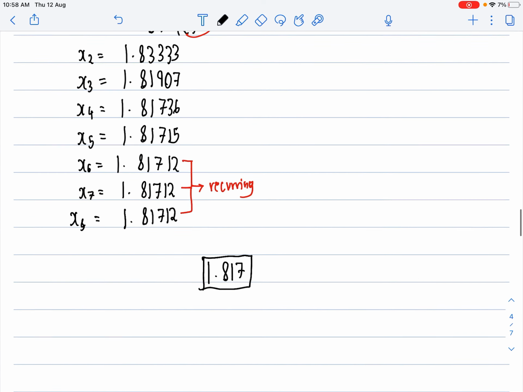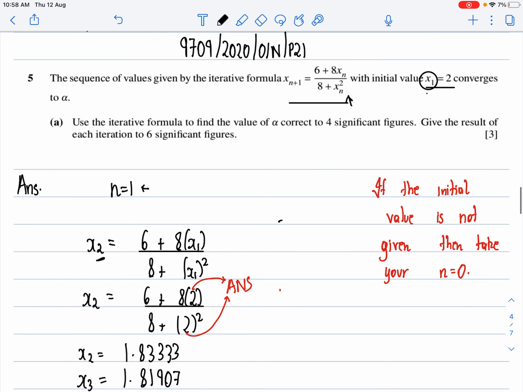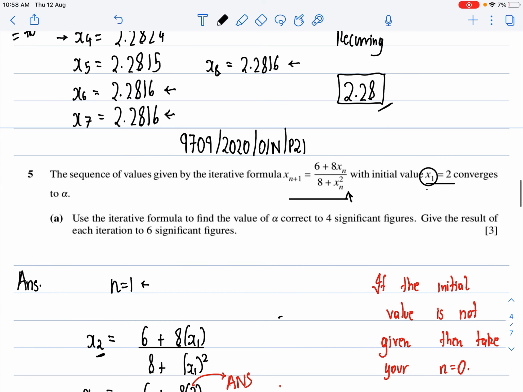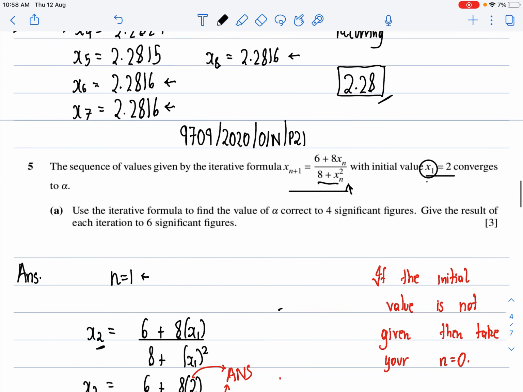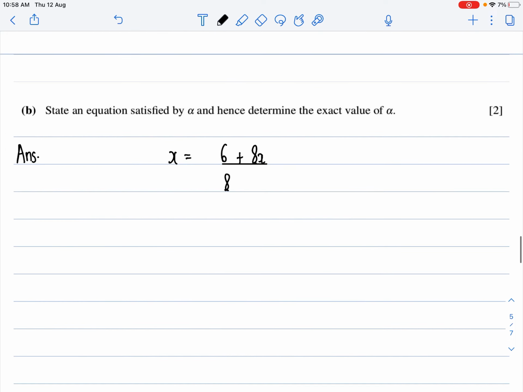So you can write this as x equals 6 plus 8x divided by 8 plus x square, because you are simply avoiding the n's and n plus 1.